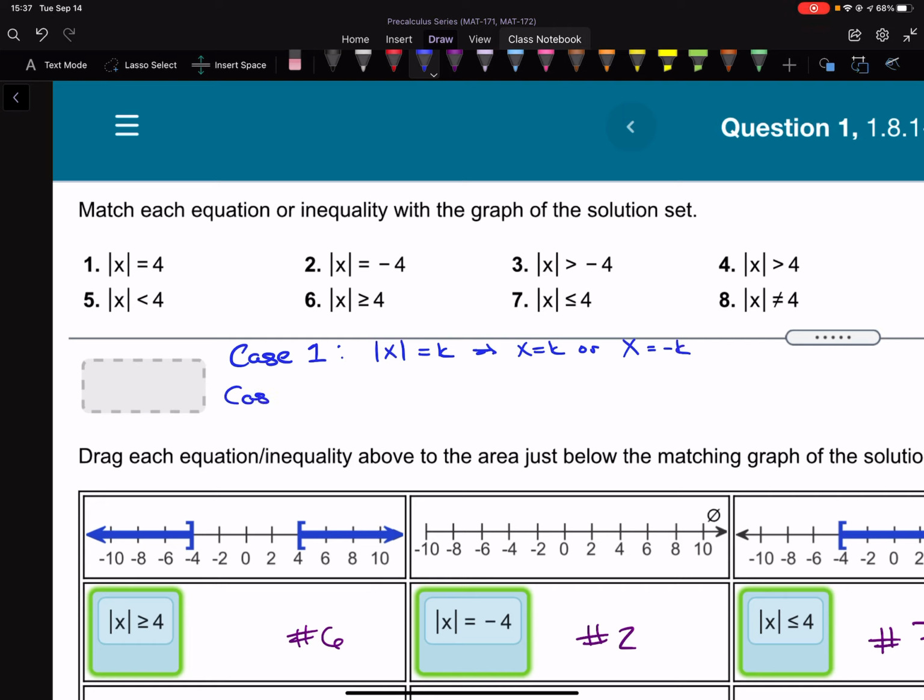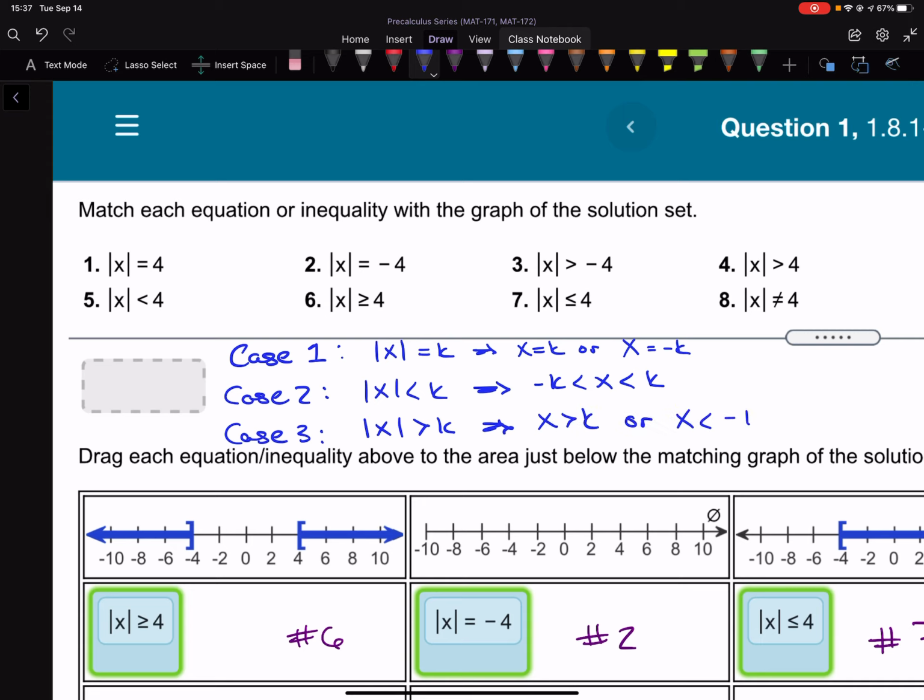Case two was the absolute value of x is less than k. This caused us to sandwich x between the positive and negative k. Case three is where the absolute value of x is greater than k, and that ended up with x is greater than k or x is less than negative k.